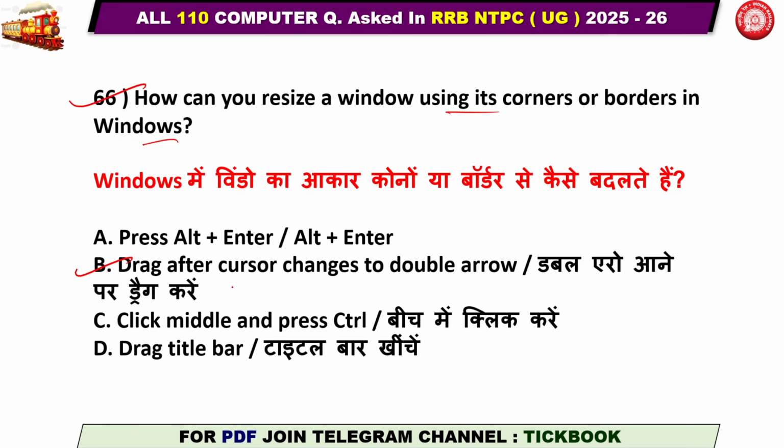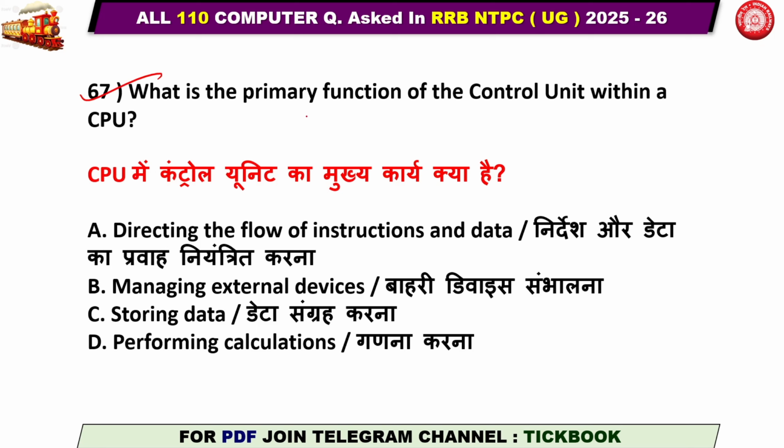Option number B, drag after cursor changes to double arrow. 67. What is the primary function of the control unit within a CPU? Option number A, directing the flow of instructions and data.